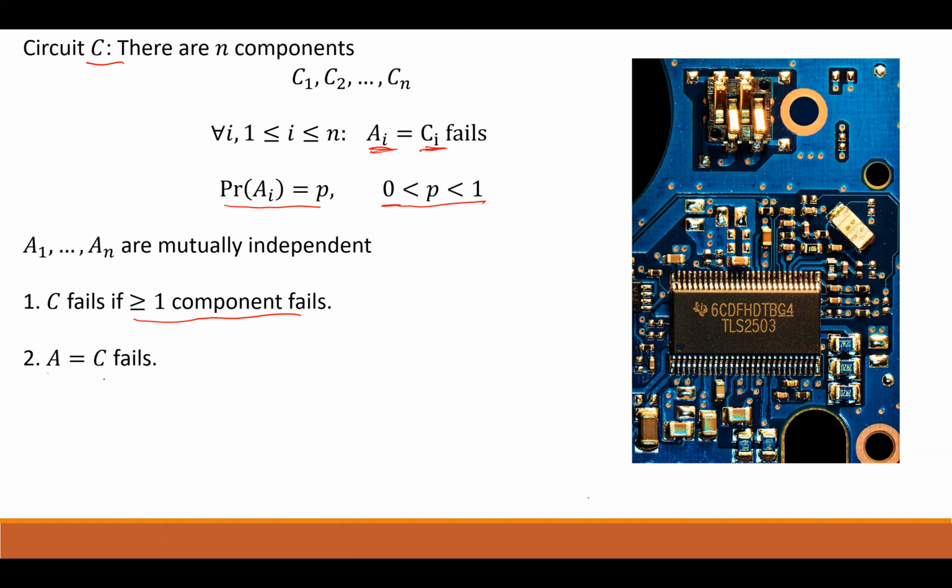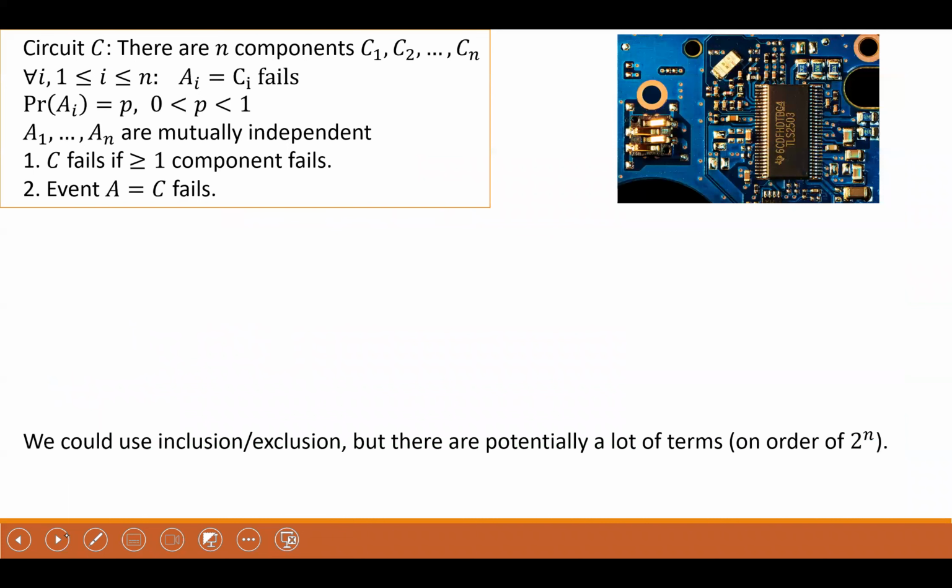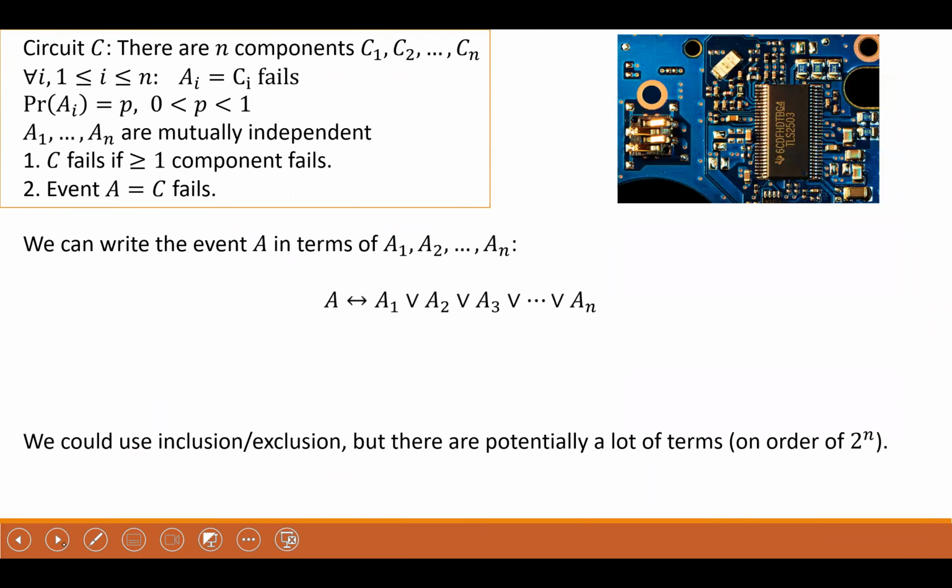We'll call the event that the circuit fails event A. And the probability of A, we're using our mutual independence, so we're going to write A in terms of these using our logical operators.